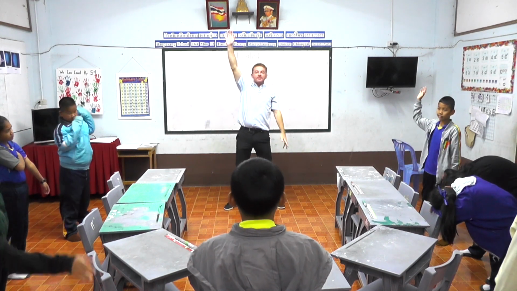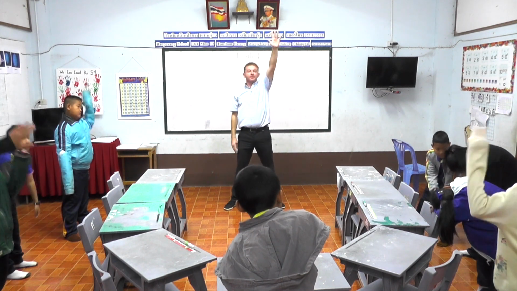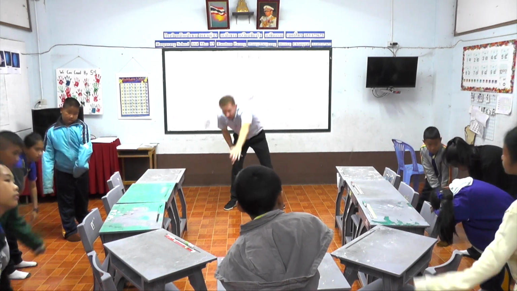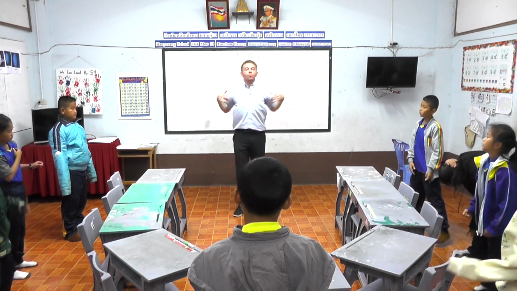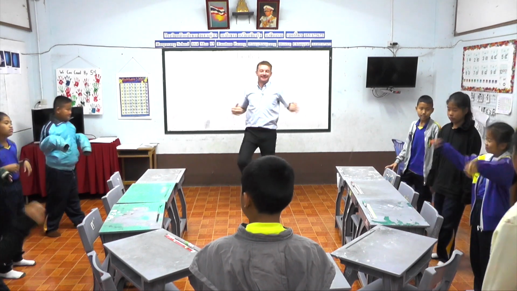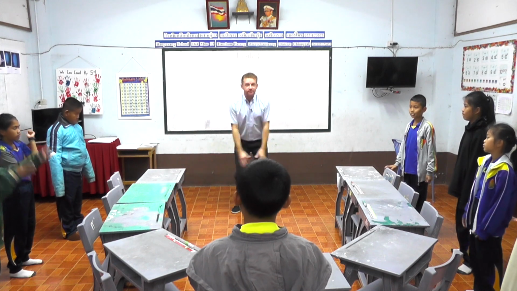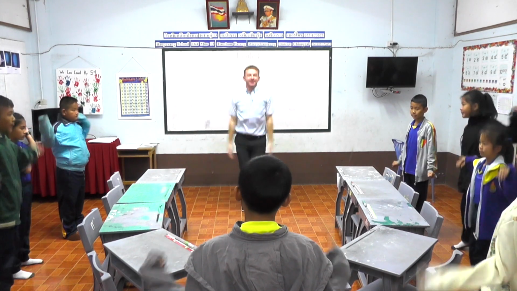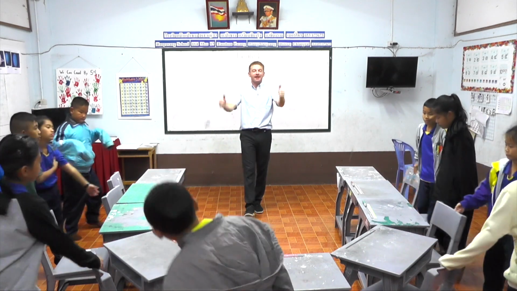Right hand, left foot. Left hand, right foot. One more time, guys. Shake it out once more. And to finish, we will do 5 star jumps. 1, 2, 3, 4, 5. Excellent, guys. Have a seat.